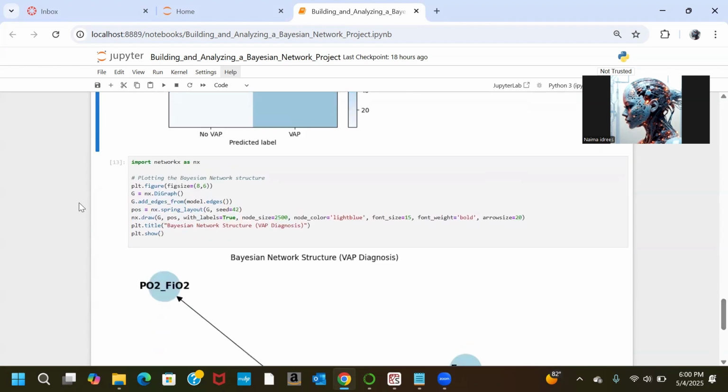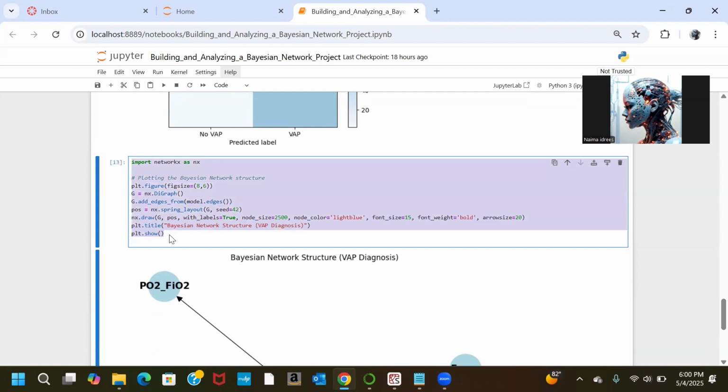Okay, so here we have the last part, to design the Bayesian network structure. NetworkX is the library for the visualization of the graph, and DiGraph is the function which we are using here. This is basically converting our Bayesian network into a graphical structure, which is perfect to illustrate the cause and effect relationships.